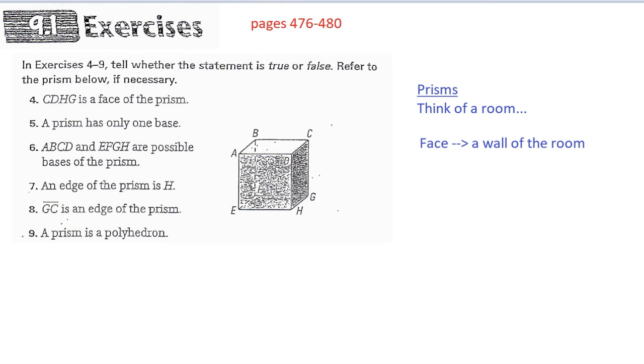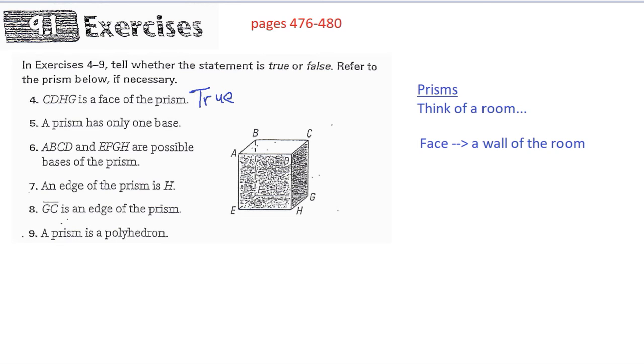So that statement would be true. CDHG would be a face of the prism. Just practicing that vocab, the faces of these things in general are what we call polyhedra, which is what we're going to be studying. But the face is like a wall of the room. So number 4 is true. CDHG is like a wall of that prism.